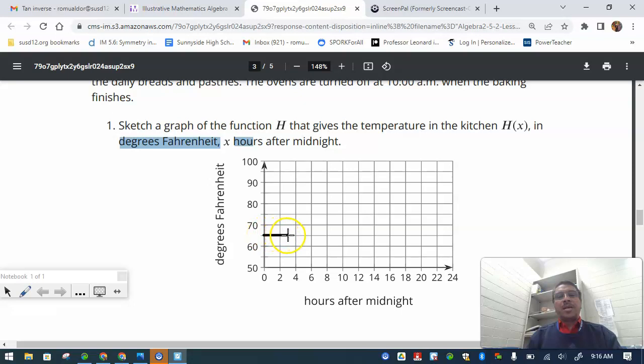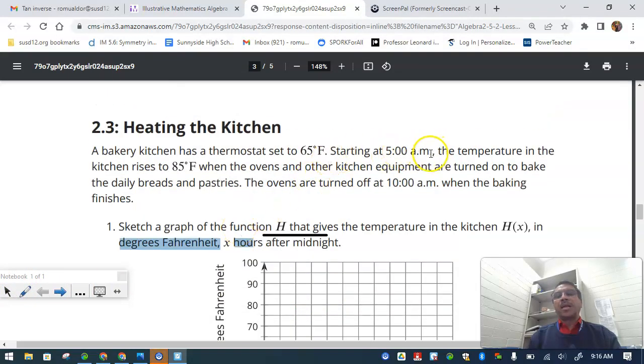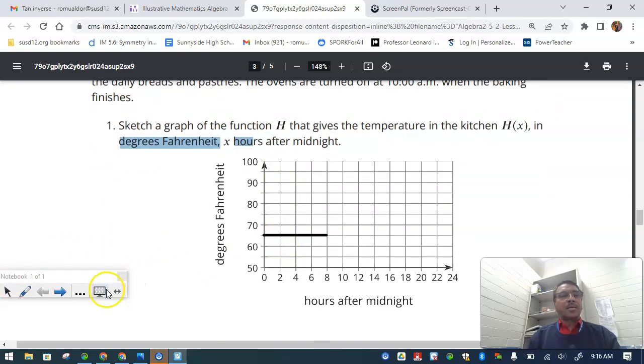So from here the temperature is 65. Can you see this is 65, and then it remains until, okay, let me see where they gave us that. Go back. So it starts at 5 and stops at 10.